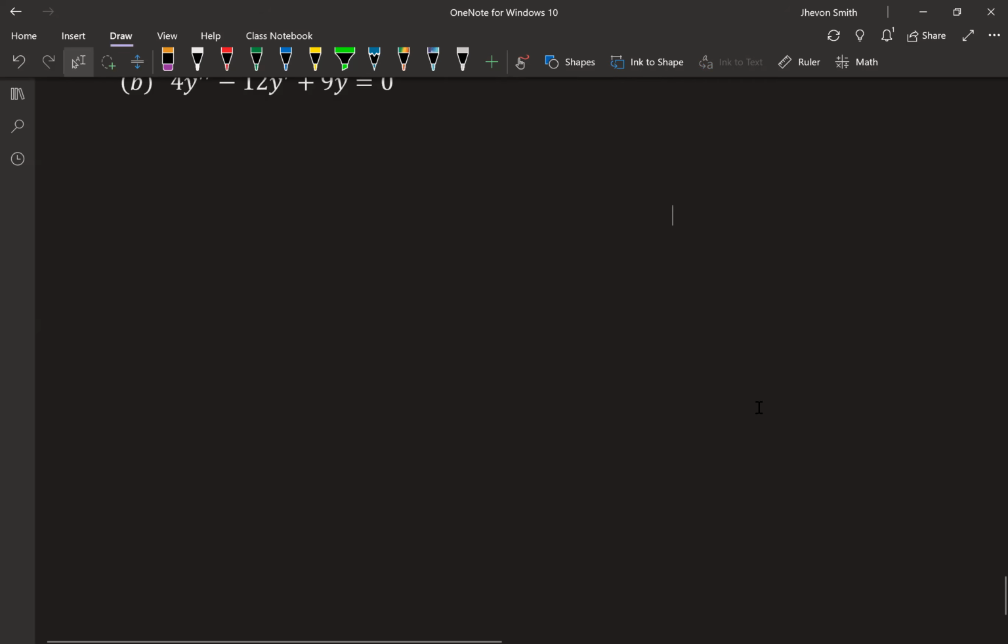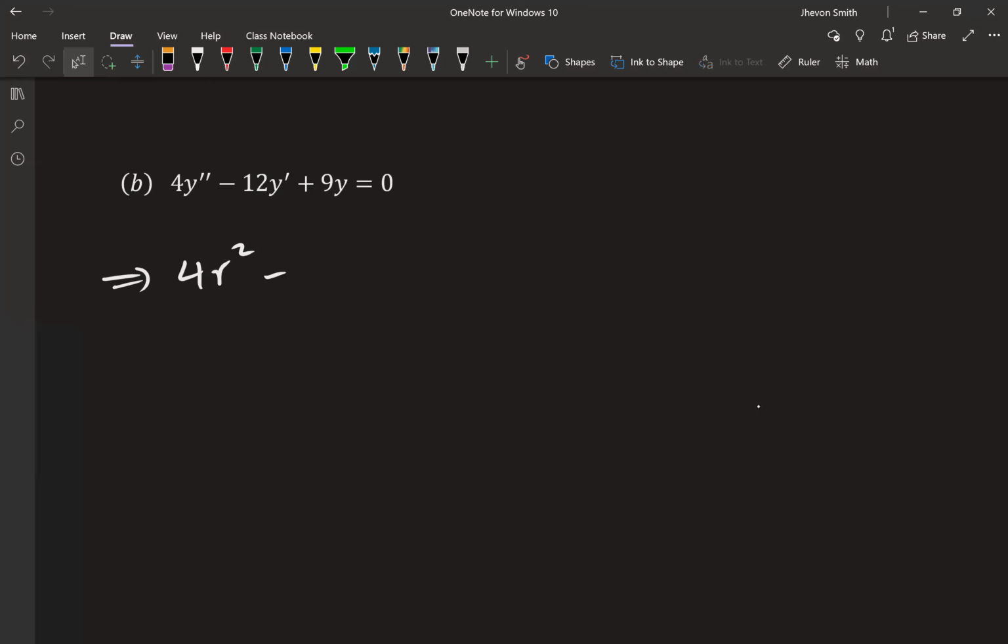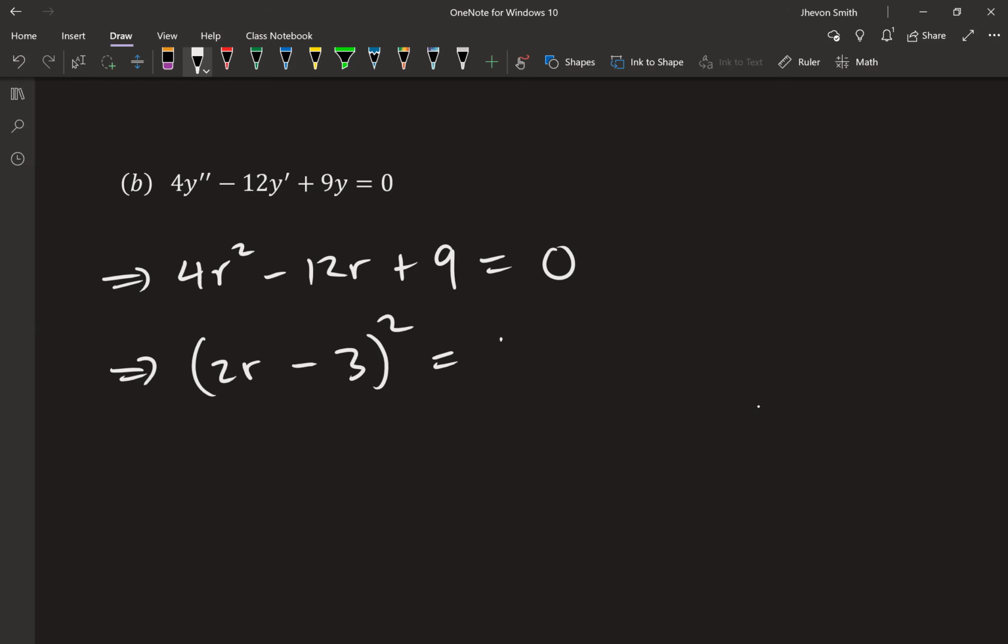Similarly here, just one other example, and then we wrap this up. I would jump into 4r squared minus 12r plus 9. This guy, I believe, factors into 2r minus 3. You can check. 2r squared is 4r squared. Minus 3 squared is 9.